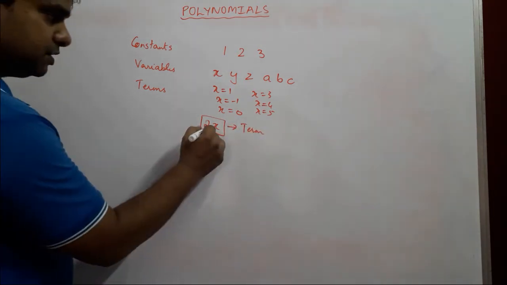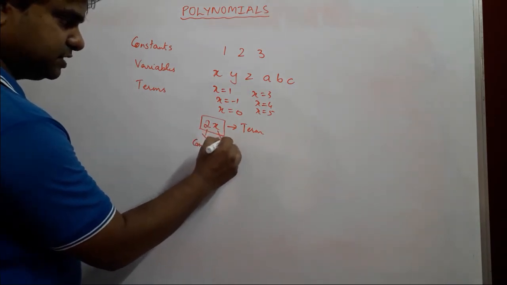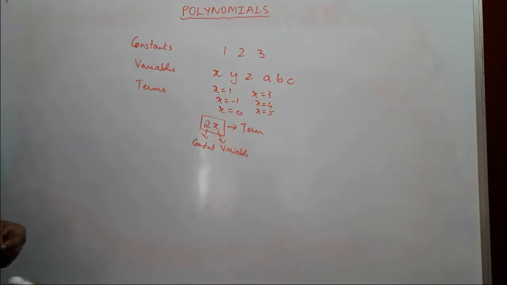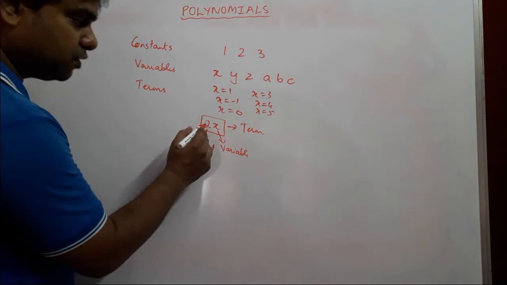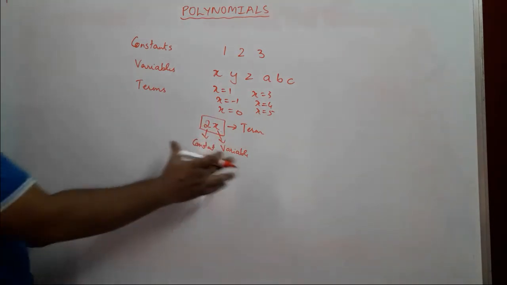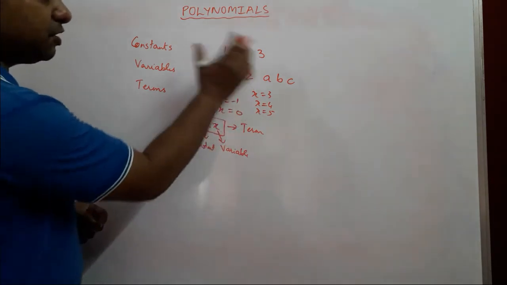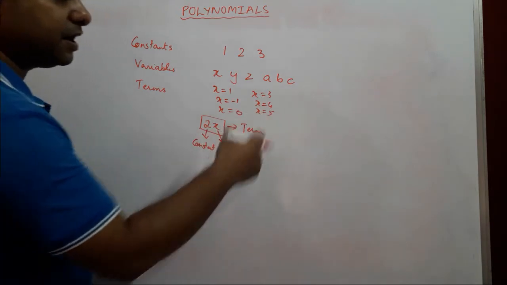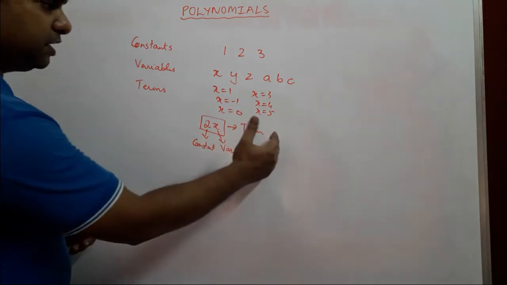This is a constant and this is a variable. 2 forms another kind of term when it is put before the variable, and I will come to that later in this video. But for now, just imagine that a constant and a variable together form something called a term. A polynomial may have just one term or it may have more than one term, but we'll come to that part a little later.